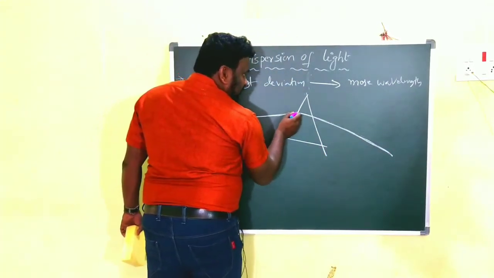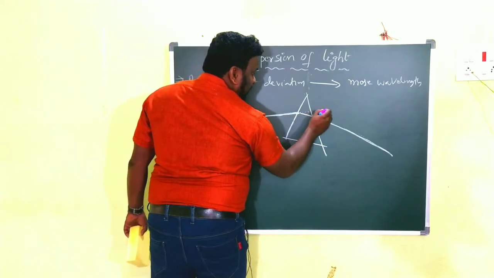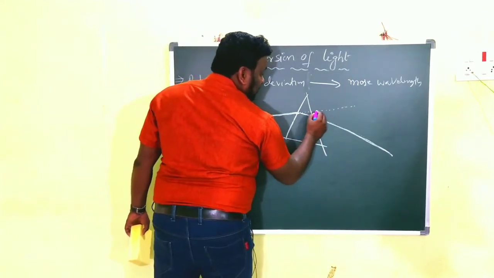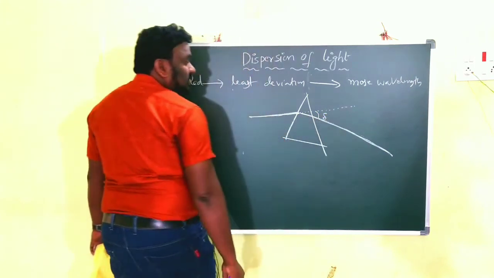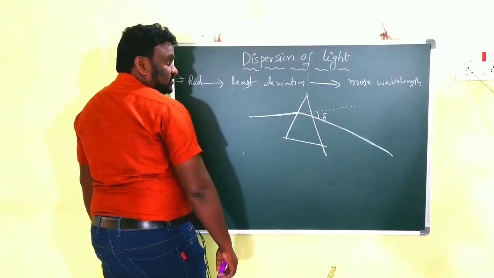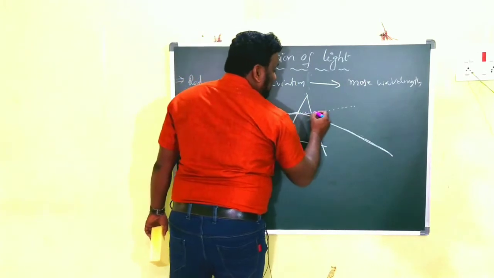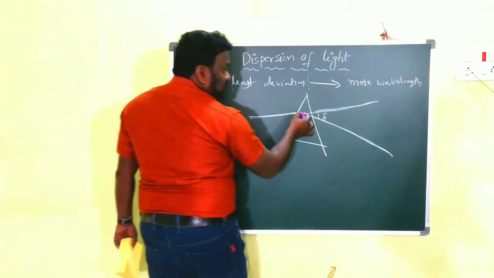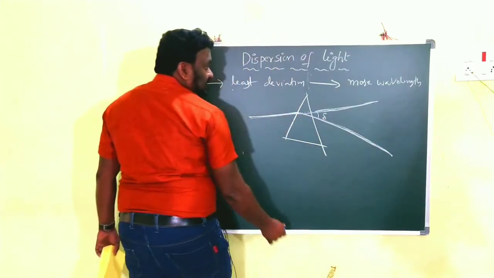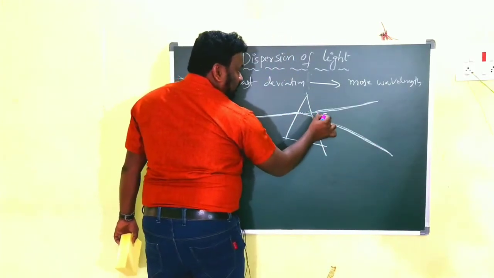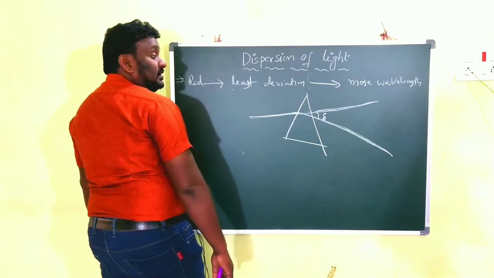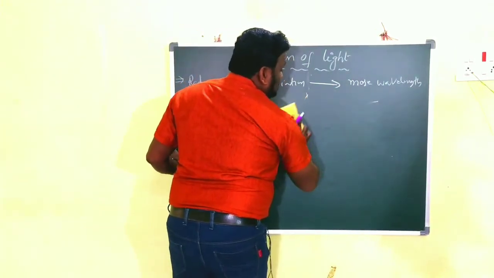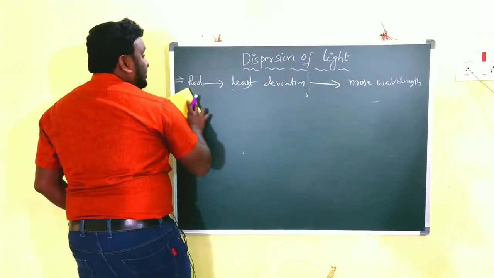If there is no deviation, it will go in this direction. This is what we call the angle of deviation. Simply, this is the path of the incident ray; if there is no deviation, it will go like this. And now this is the emergent ray or refracted ray. This is what we call delta, the angle of deviation. Okay children, the angle of deviation is least for red color.